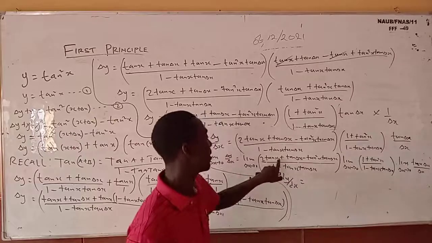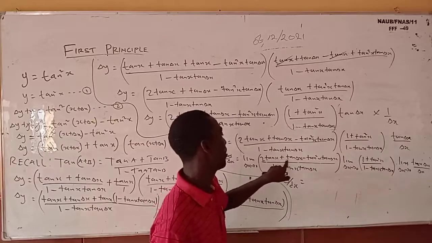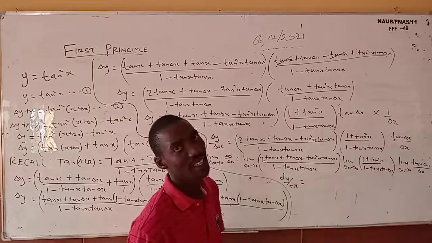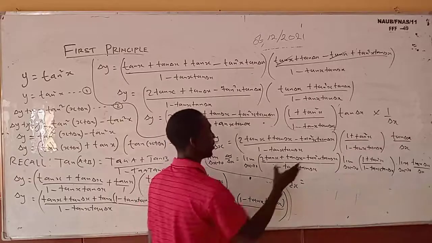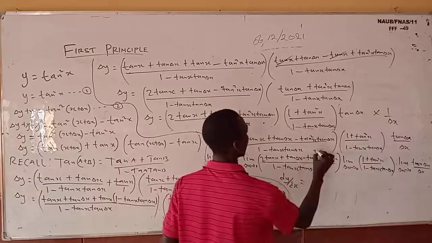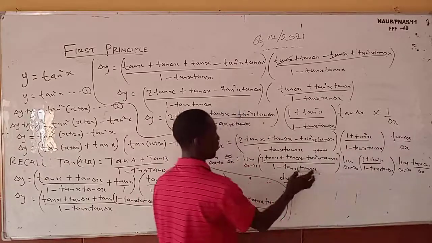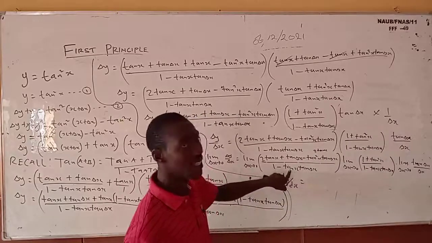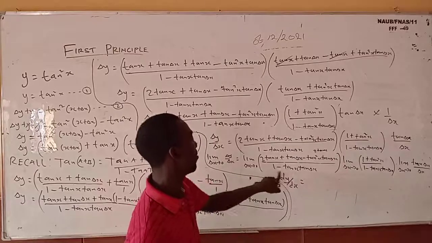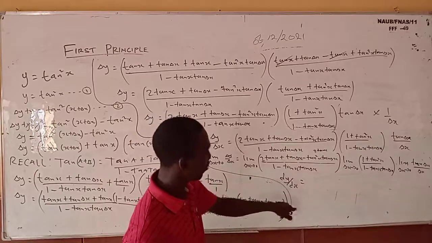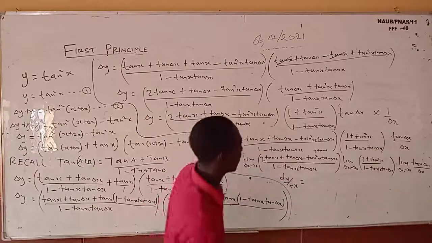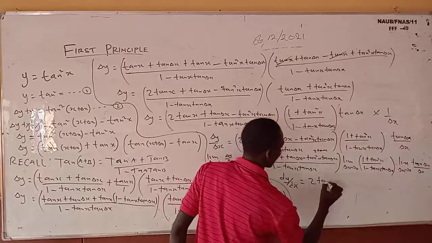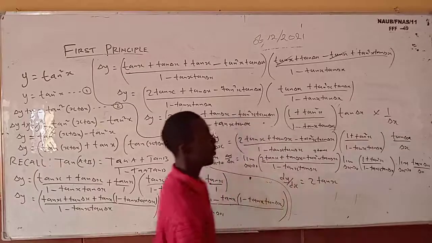So 2 tan s plus 0 is 2 tan s. So for this numerator part, we have 2 tan s. Put your 0 here. Tan 0 is 0. 0 multiplied by tan s is 0. 1 minus 0 is 1. So we have 2 tan s divided by 1, which is 2 tan s. I hope you get this.